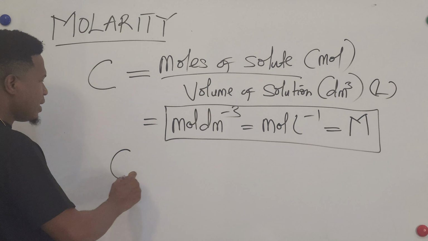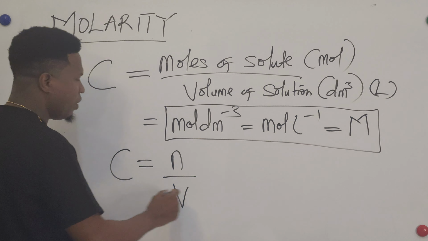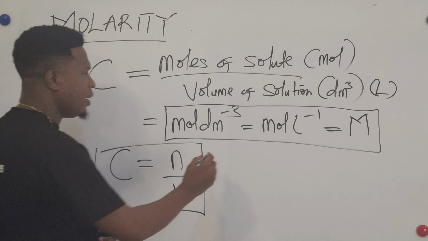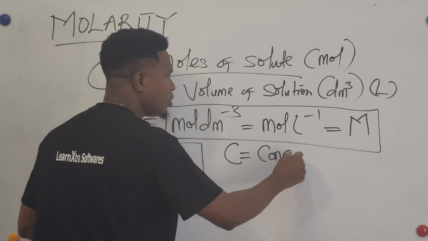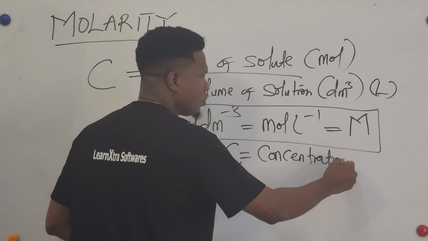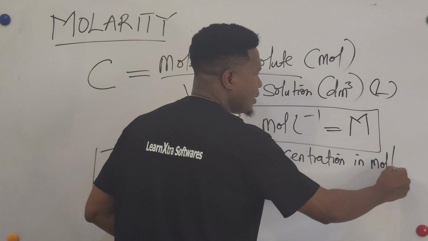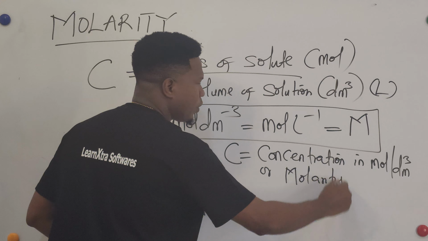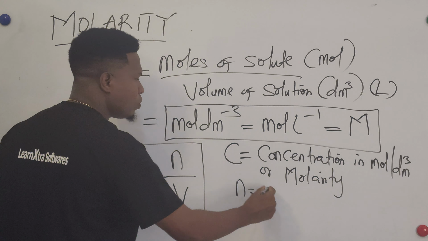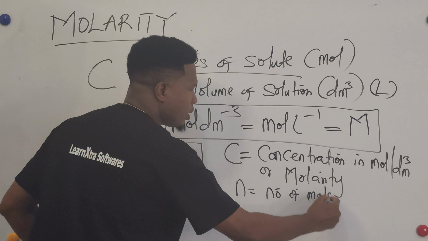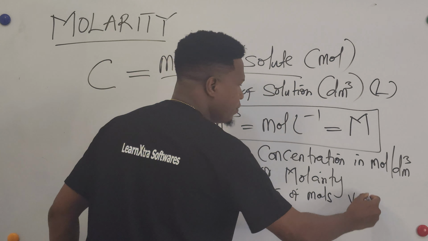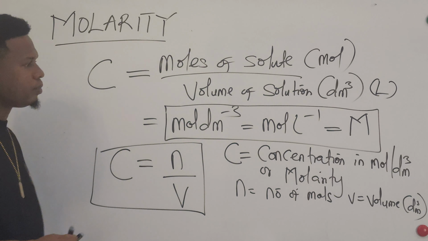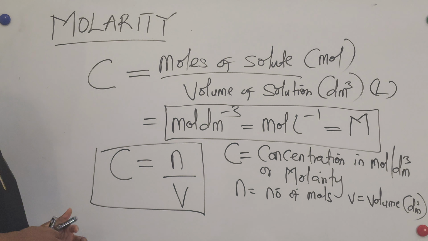We can also say that C is equal to n over V. This is the short form of this formula, where C represents the concentration in mole per dm cube, or you can say that C represents the molarity of the solution, where n is the number of moles and V is the volume of the solution in dm cube.